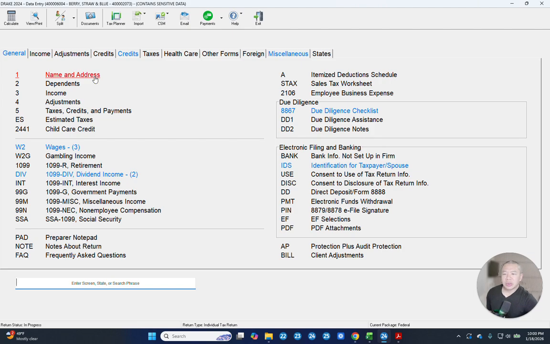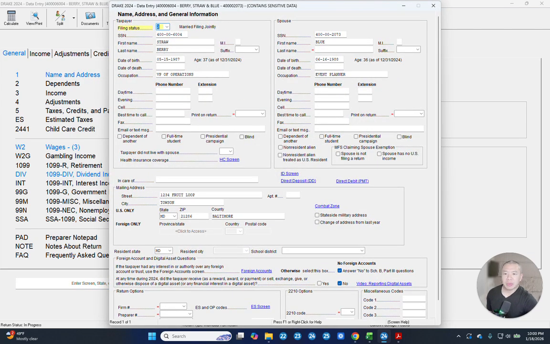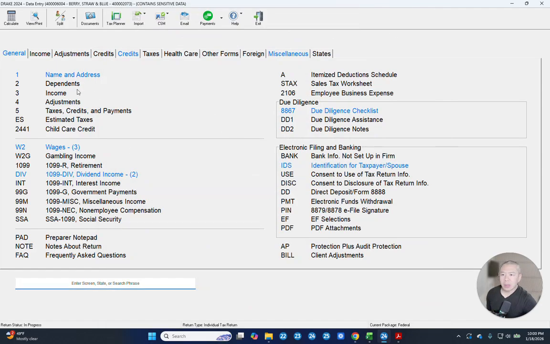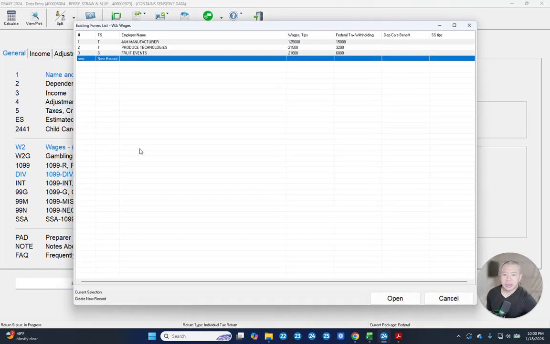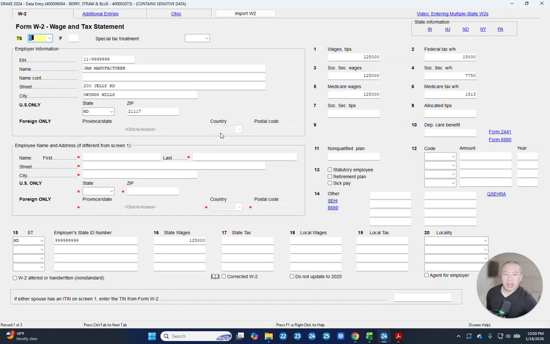So in here, once you get the information, you're going to have to input their basic stuff like their name, birth date, occupation, married filing jointly, same with their spouse. They indicate that they had no foreign accounts, no digital assets. Here's their address, residents of Maryland. No dependents. Here are their wages. Even though I'm using Drake, you could use any software. It should be pretty similar.